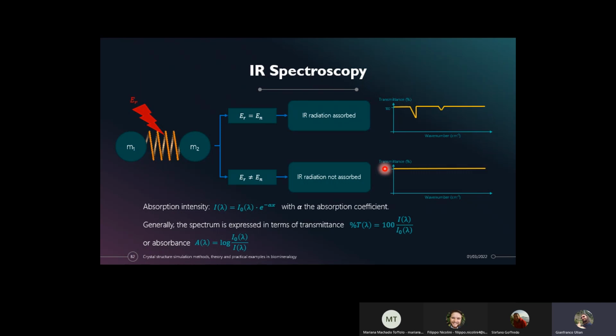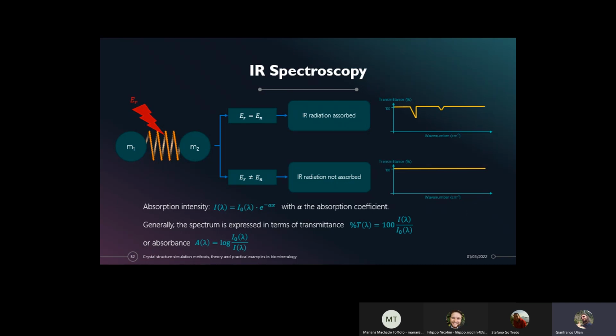This is the so-called transmittance, the amount of infrared radiation that goes to my detector. If the radiation does not have the energy necessary for the transition of vibrational level, the radiation goes straight to the detector. So I have a 100% transmittance.